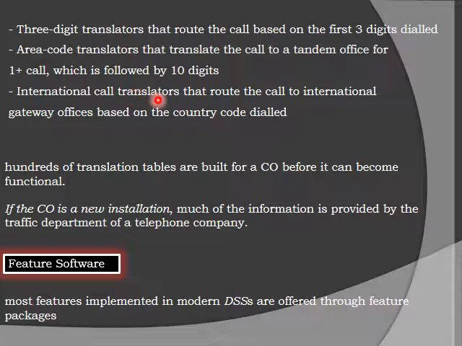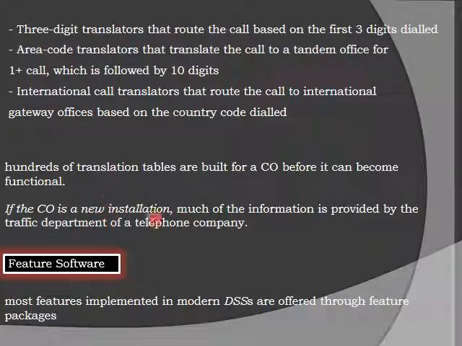International call translators will look into the tables of mapping of the subsequent paths all the way from your call to the next customer who is sitting in another country. Like that, hundreds of translation tables will be there, which are kept as translation data in the common office.